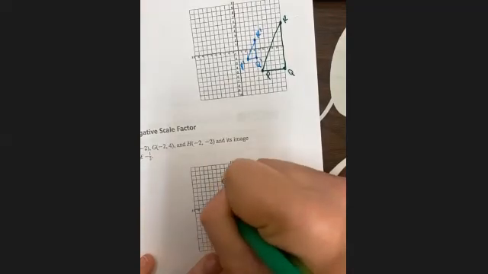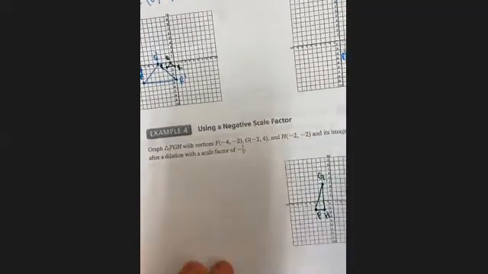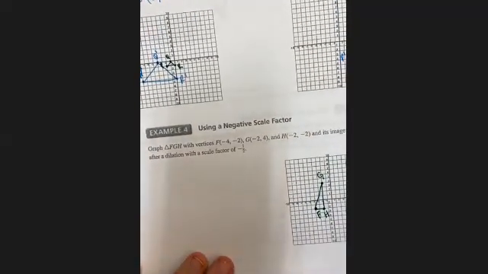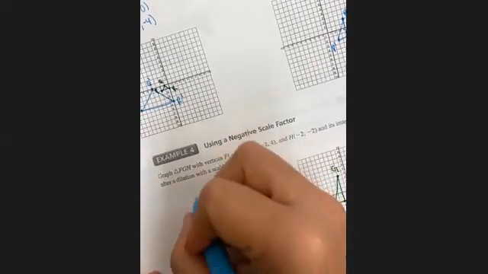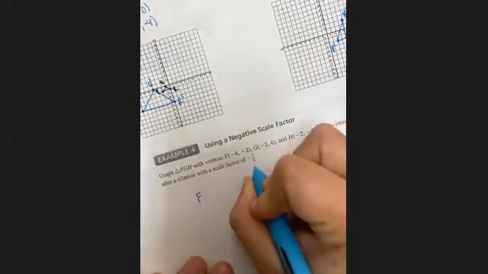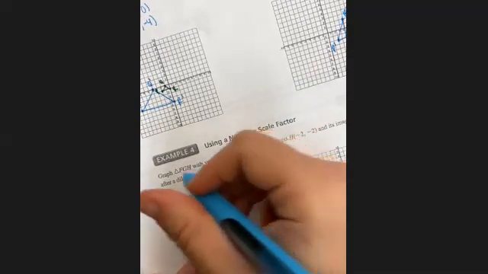Okay, so then it says, and its image after dilation with a scale factor of -1/2. So not only are you going to divide it by 2, but you're going to divide it by -2. So each one of those points you're going to divide by -2, and we're going to see what happens. We know that the 1/2 is going to make it smaller, but we've never dealt with this negative before. So let's see what happens.